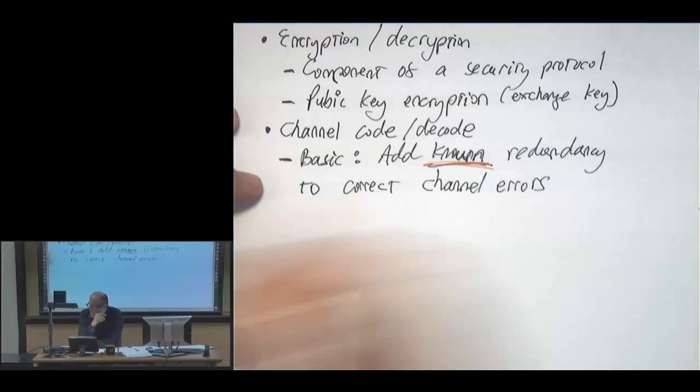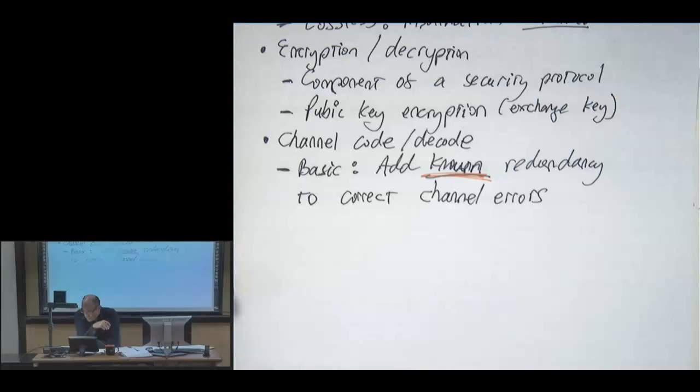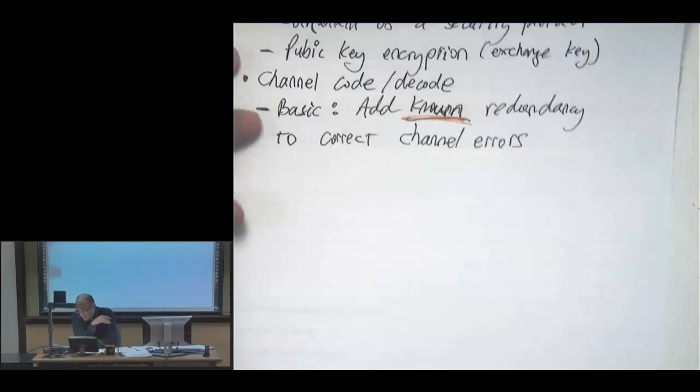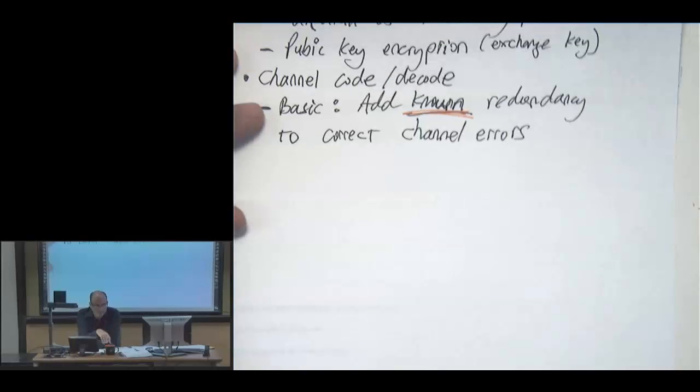Now this may seem strange at first, that over here in the source encoder, we went to a lot of effort potentially to remove redundancy, and then we're now going to go through a lot of effort to add redundancy back in. The reason that we have these two steps is that in the second step here, we're adding redundancy in a careful and controlled fashion, so that we can use properties of that redundancy to correct errors.